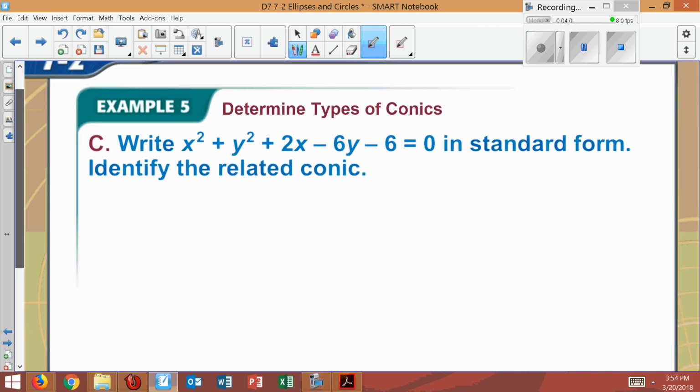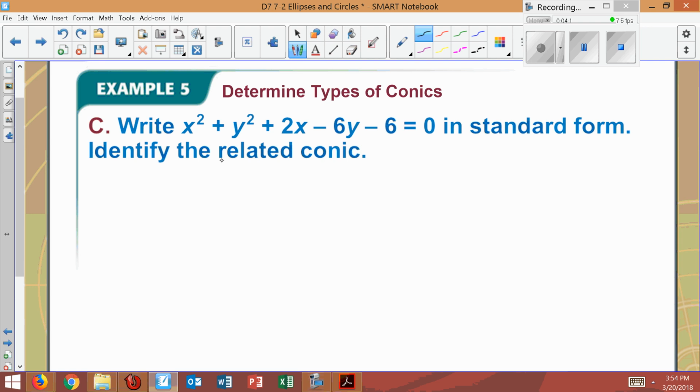Here's another. This time I look and I have x squared and I have a 2x, so I'll put 2x with it. I need to leave a space, and then I have a y squared, and I have a negative 6y. So I need to leave a space to complete the square. That would equal, this is a single, it goes over here, 6. So this time I have nothing to factor out here, so I can go ahead and start.